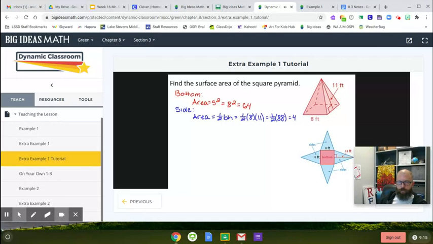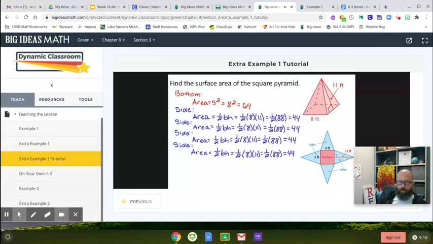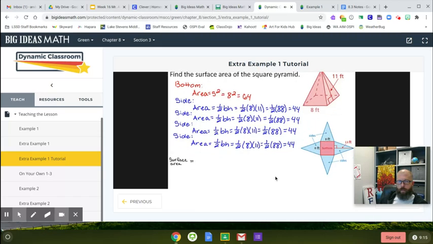Then to find the surface area, you want to find the sum of the areas of the faces. So surface area equals the area of the bottom plus the area of a side plus the area of a side plus the area of a side plus the area of a side, which equals 64 plus 44 plus 44 plus 44 plus 44, which equals 240.